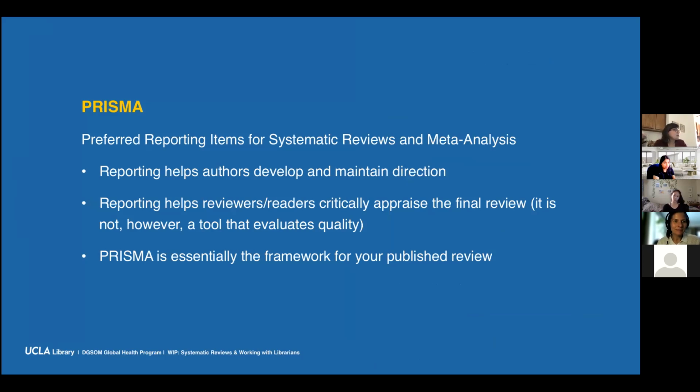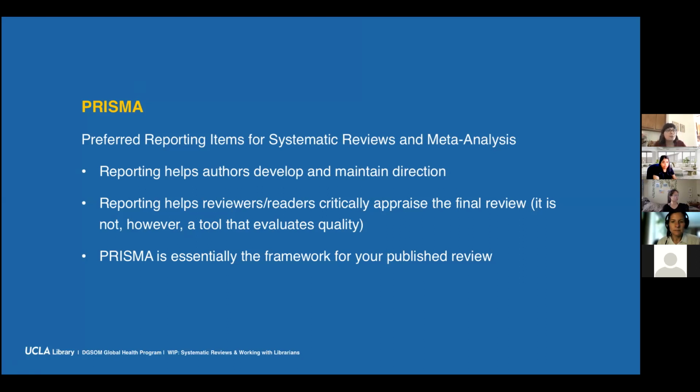So PRISMA is the Preferred Reporting Items for Systematic Reviews and Meta-Analyses. That's what it stands for. So I really encourage going to the PRISMA site. It's really, really helpful and has a very helpful checklist that I just saw was updated in 2020. I was in a different role in 2020 for almost a year, so I wasn't really doing systematic reviews.